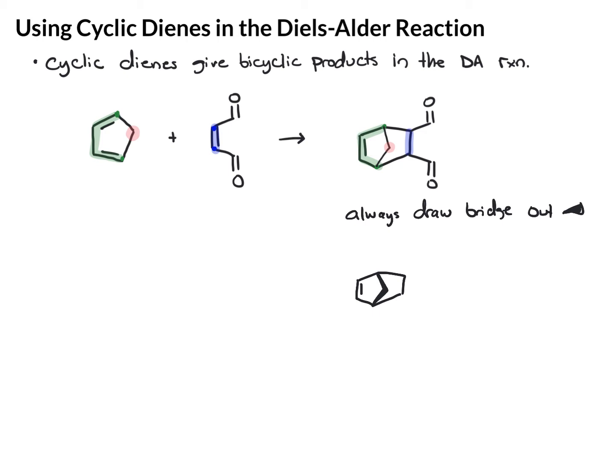Now for our substituents, the aldehyde groups on the dienophile, we know that these are cis, so they should be on the same side. We have the option of drawing them out, or drawing them back.